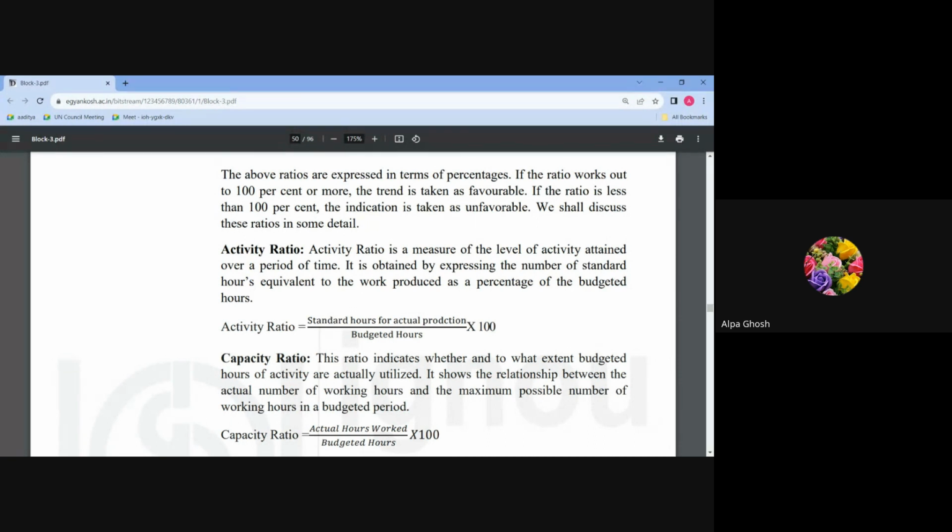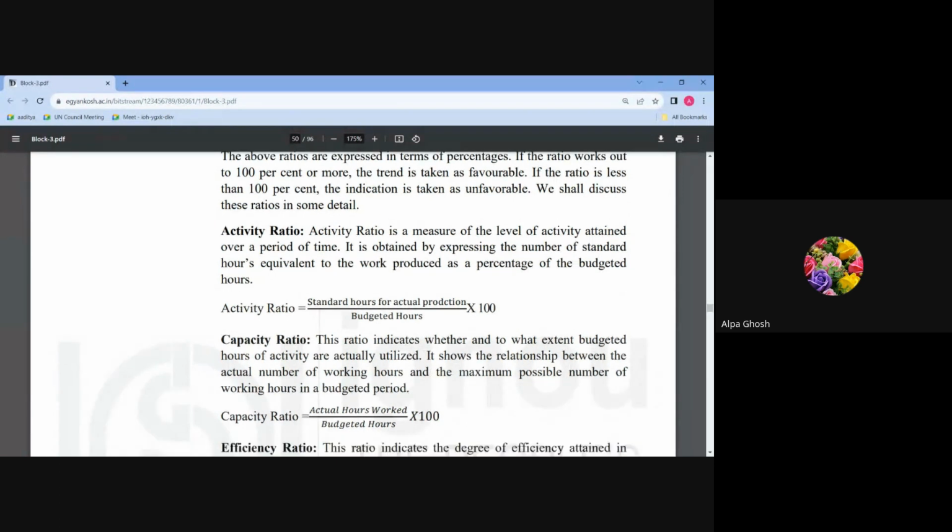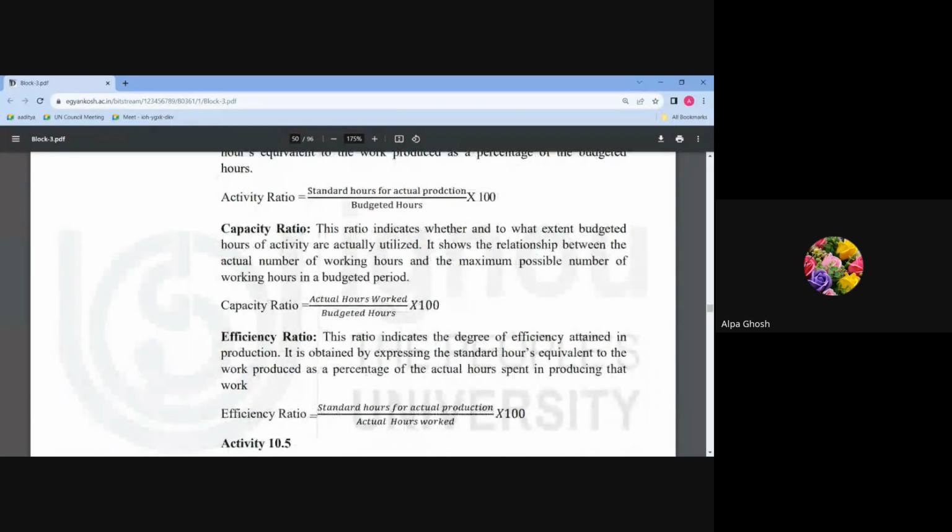The second part of this is capacity ratio. The capacity ratio means how much working hours is expected and how much working hours has been worked. So it is actual hours worked divided by budgeted hours, which you have estimated, multiplied by 100.